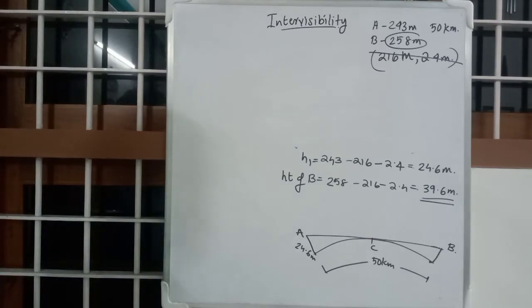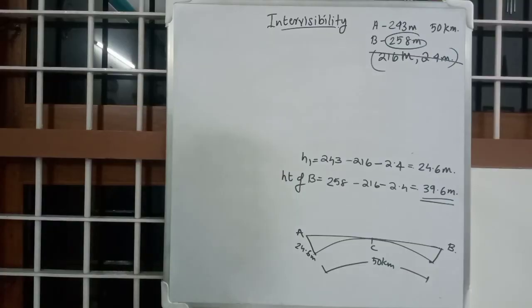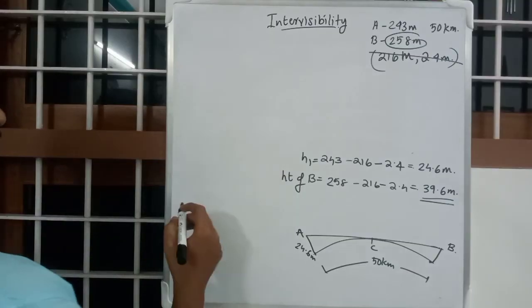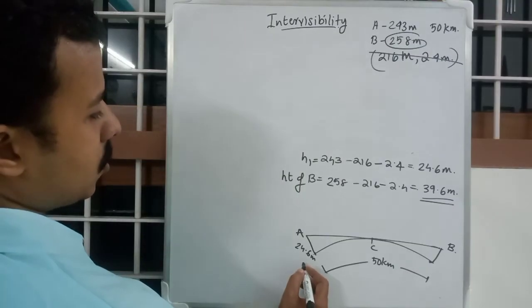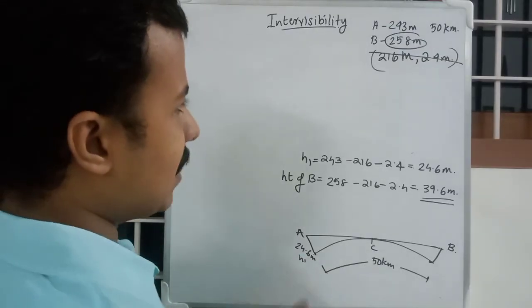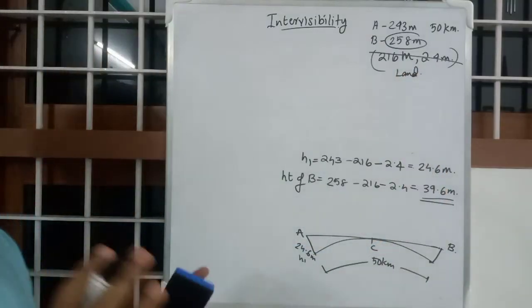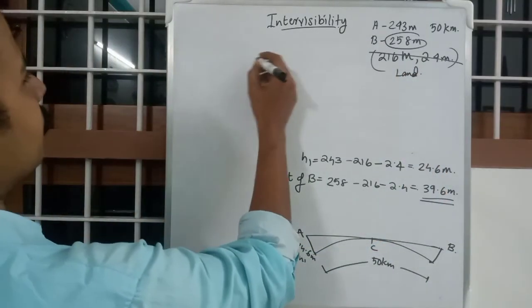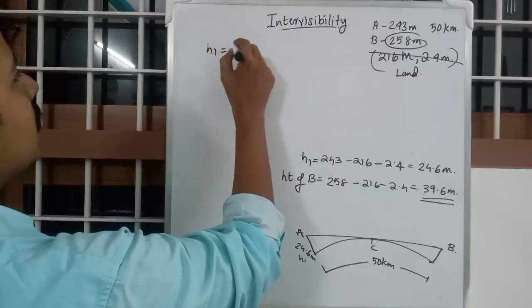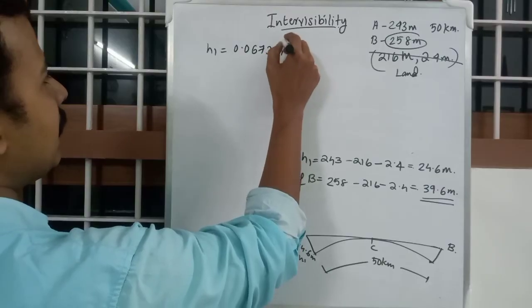Then start with our new issue, that is H1 is 24.6. As it is land, we can take that shortcut equation. The equation was H1 is equal to 0.0673 d1 square.